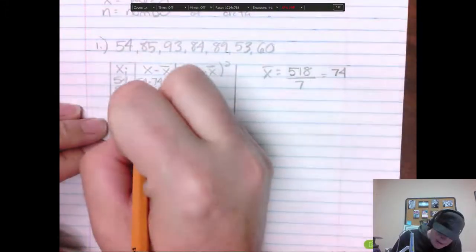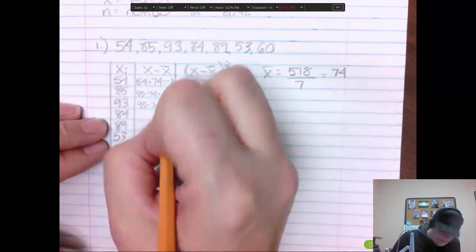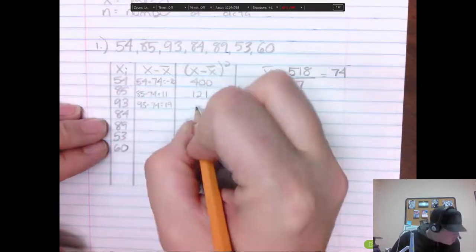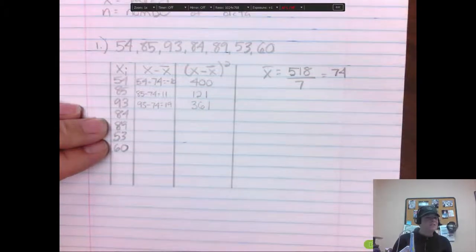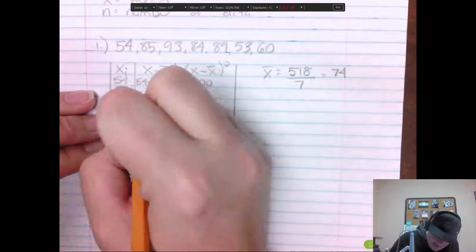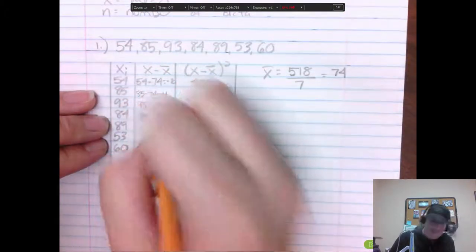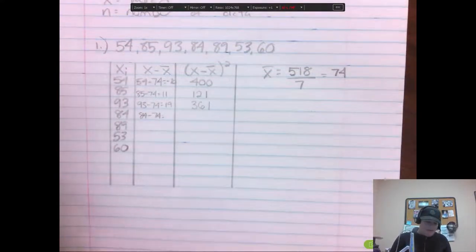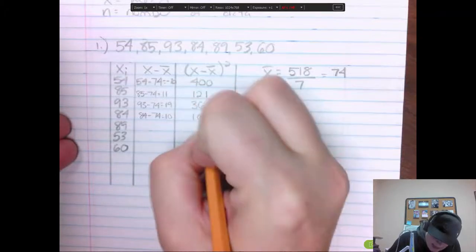Okay, then I'm going to go 93 minus my 74, which is going to give me 19. And I'm going to square 19 and get 361. Better all be positive, right? Anything squared is positive. Or you just put it in your calculator wrong. So 84 minus 74. I couldn't quite get the right answer as the calculator, and I could not find my error earlier, but I found it now. 84 minus 74 is going to give me 10. 10 squared is 100.